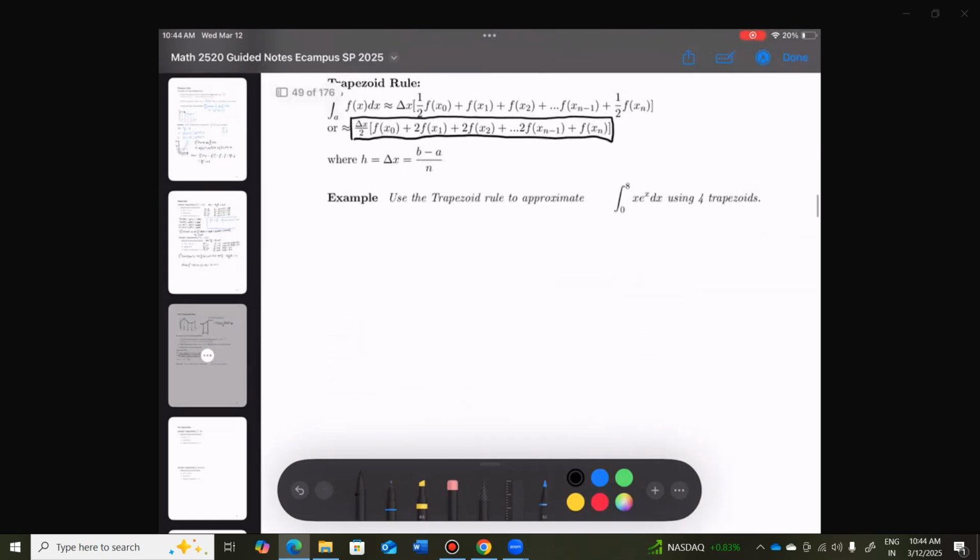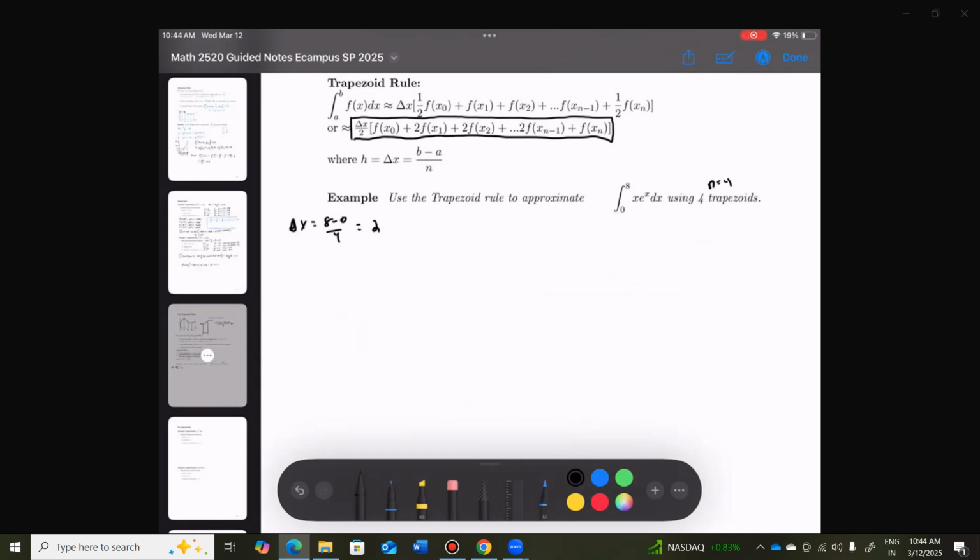And we're approximating x e to the x from 0 to 8 using 4 trapezoids. So n equals 4. First thing is let's find our delta x. It's going to be 8 minus 0 over 4, which is 2.